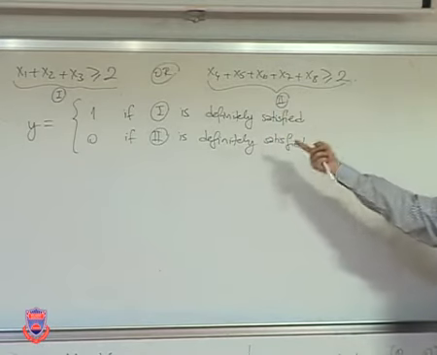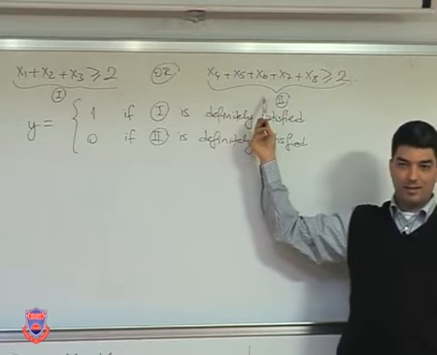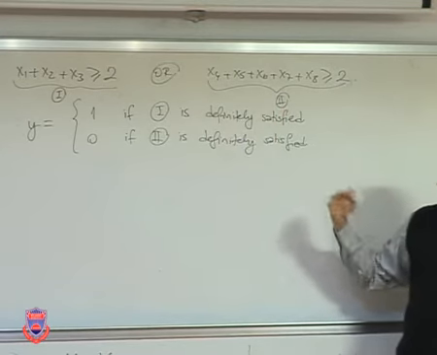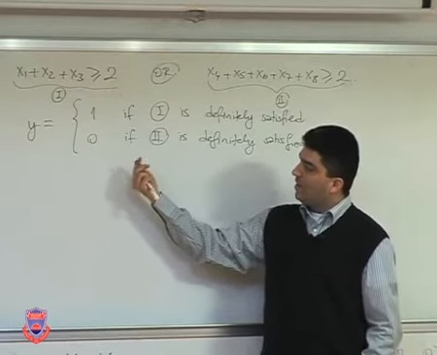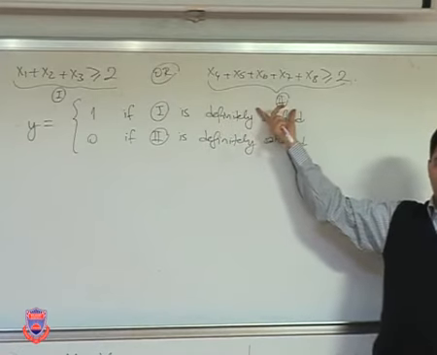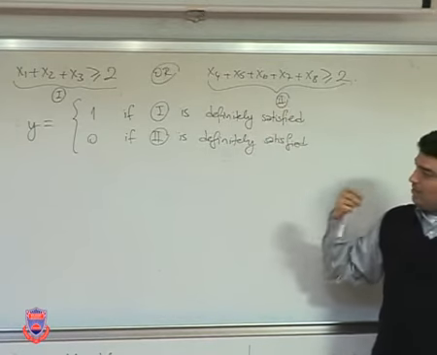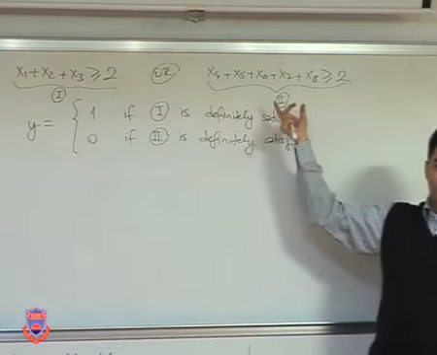So by picking y equals 1 or 0, I make sure that either the first one or the second one will be satisfied. One way to think about this y variable is that it gives my preference. If y is equal to 1, I want to satisfy this, and if y is equal to 0, I want to satisfy this. And since y can be only 1 or 0, I make sure that either this one or this one will be satisfied.